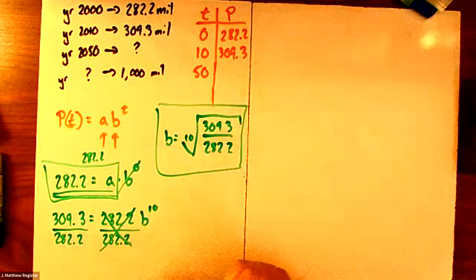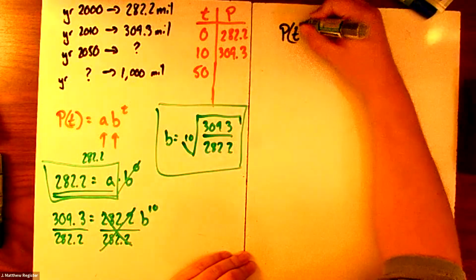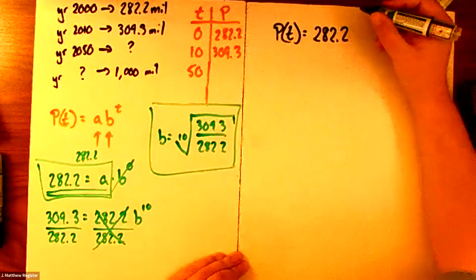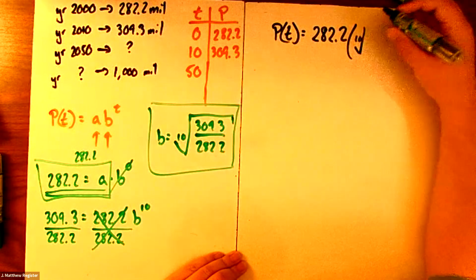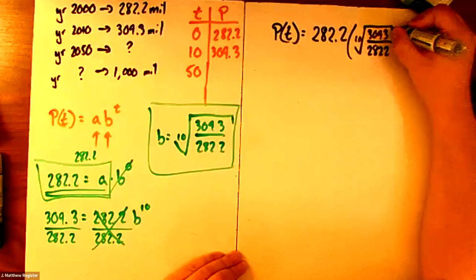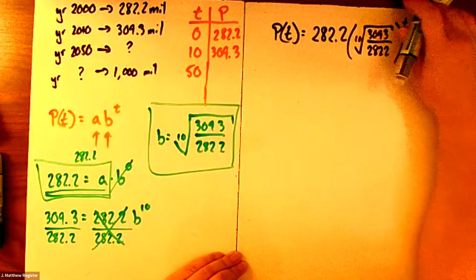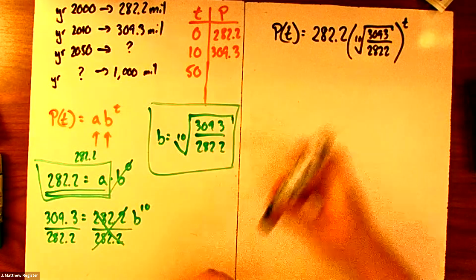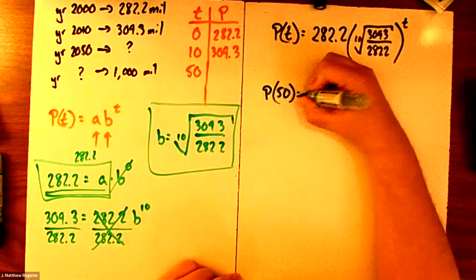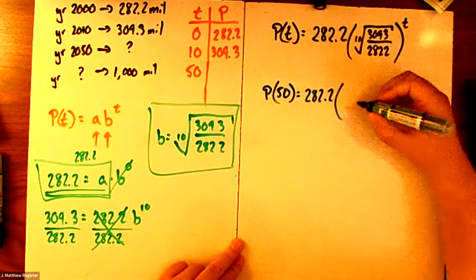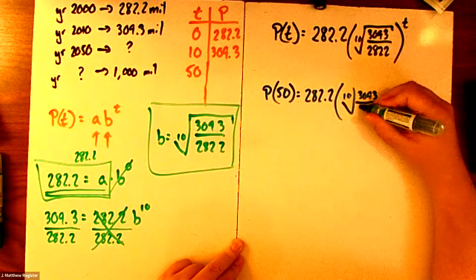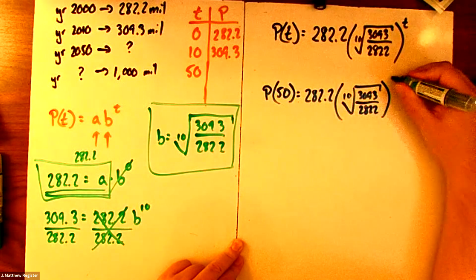Our new formula being P of T is equal to 282.2 times B, which is the 10th root of 3093 over 2822, to the T. So P of 50 is going to be 282.2 times the 10th root of 3093 over 2822 to the 50th.